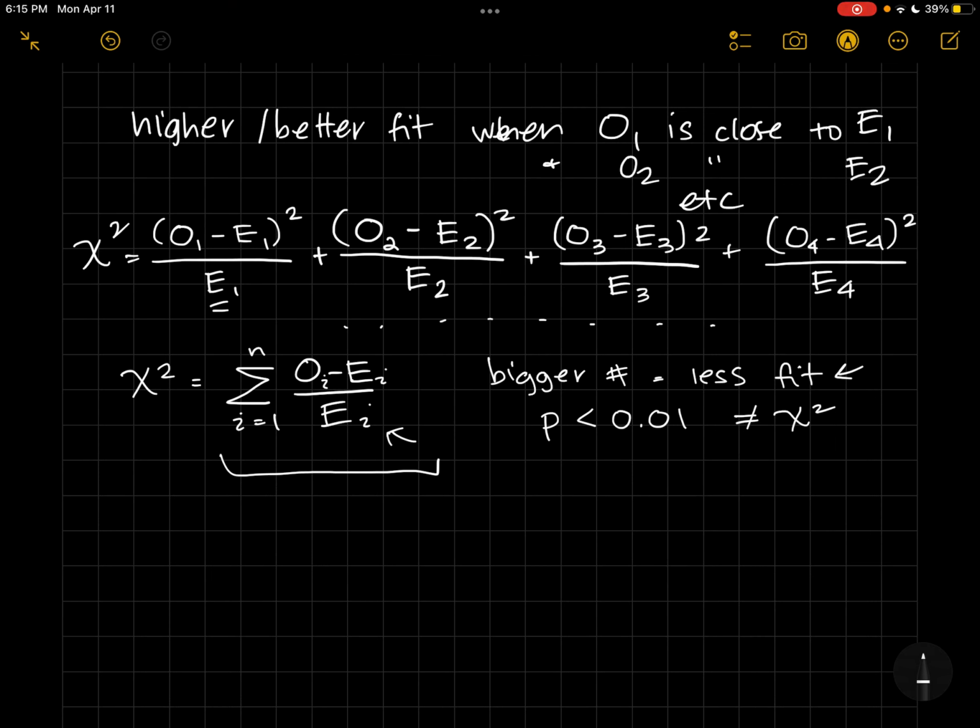But a more intuitive reason is because you're adding up a bunch of things. You could be adding up 4 of these differences, or you could be adding up 1,000 of these differences. If you added up 4, you're probably not going to get a very big number. If you add up 1,000, you might get an absolutely humongous number. So even if you had sort of the same type of fit on both. Because of that, this chi-squared is not at all equivalent to a p-value, but we can use a lookup table to convert a chi-squared to a p-value.